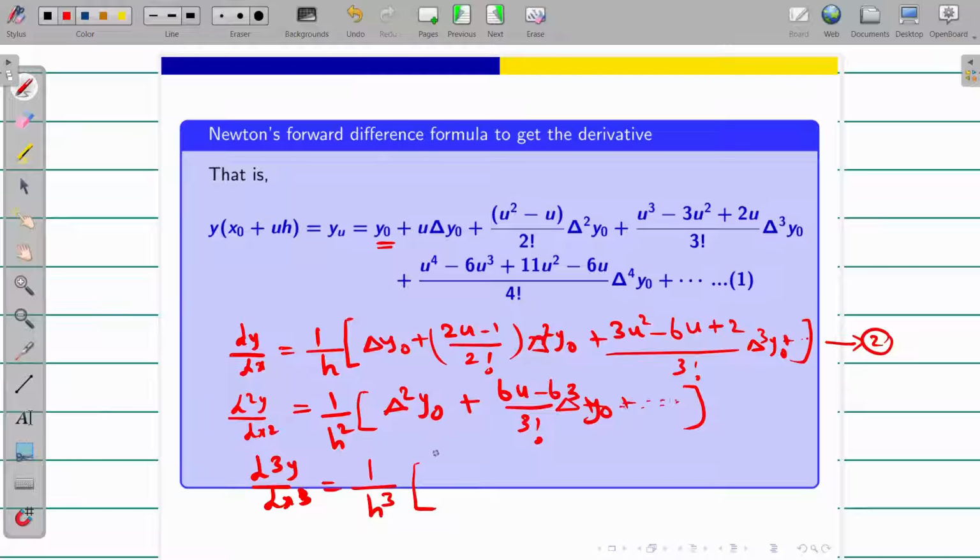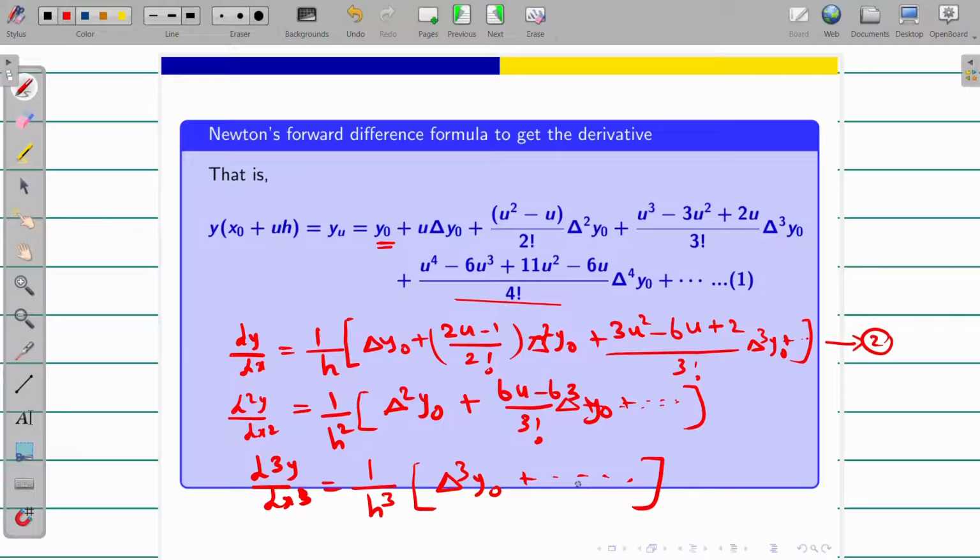So now differentiate with respect to u. The differentiation of u with respect to u is 1. 6 divided by 6 will be 1. So only del cube y naught will be there, plus etc. Next term, if you are differentiating this term, it will come as del power 4 y naught also. That's it, guys.